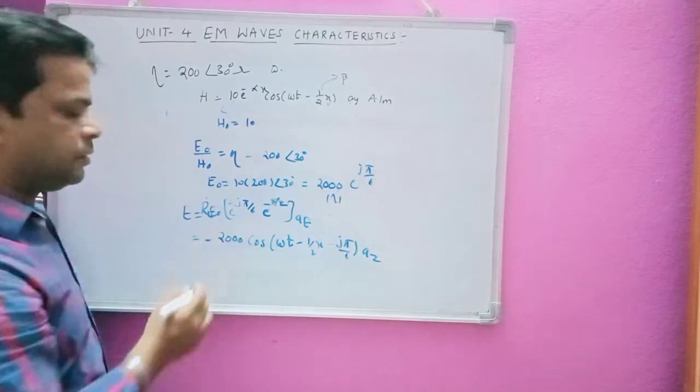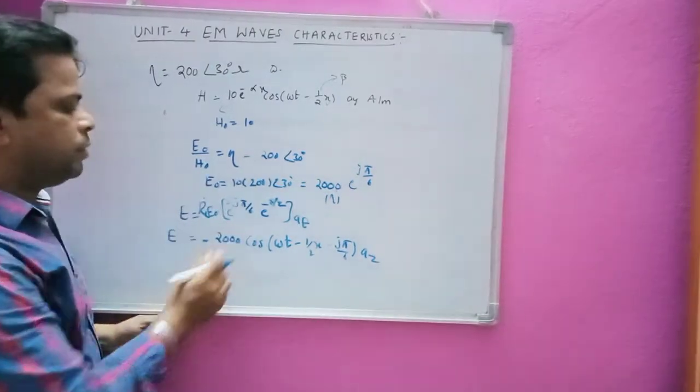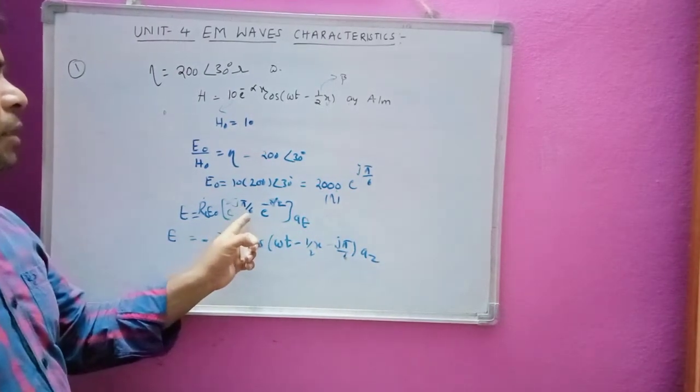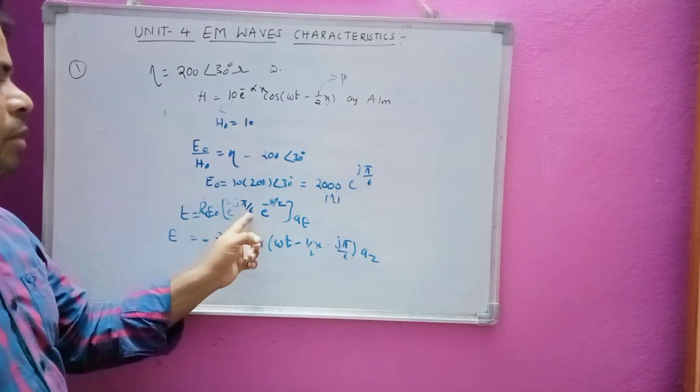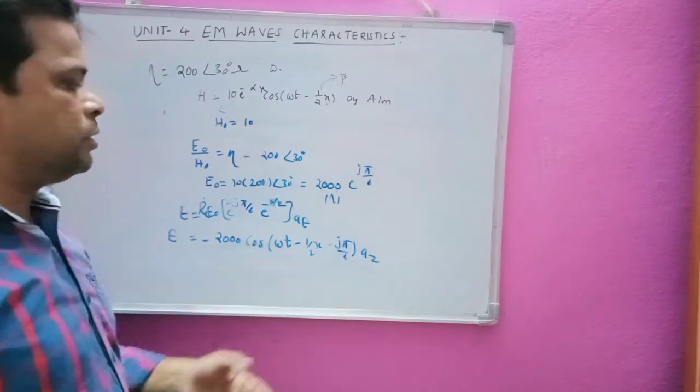So that is the E value. E is equal to minus 2000 cos of omega t minus 1 by 2. We have to take the real part of this. Real part means we know e power j theta is cos theta plus j sin theta, and we are going to take the real part here.